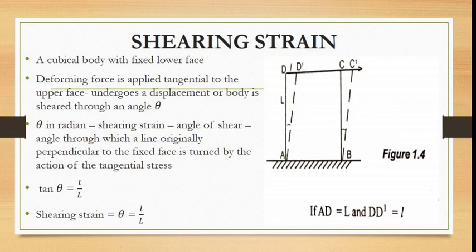So how can we define angle of shear? Angle of shear is the angle through which a line originally perpendicular to the fixed face is turned by the action of a tangential stress. You know that AD equal to capital L is the line which is perpendicular to the fixed face AB, isn't it?